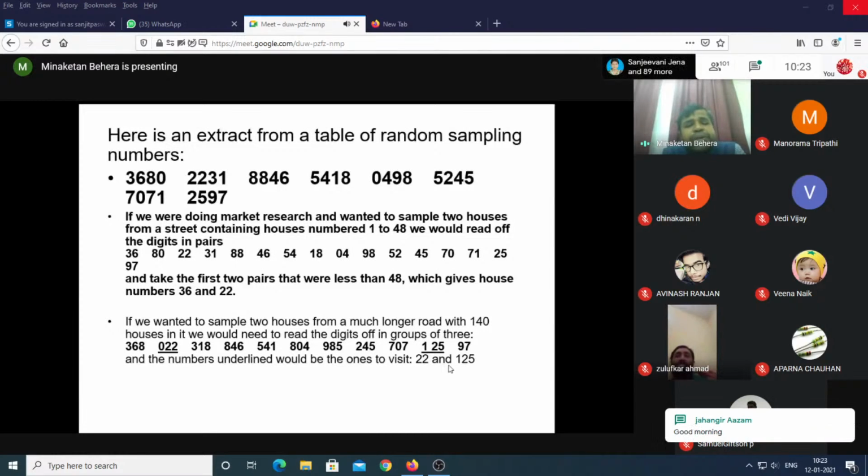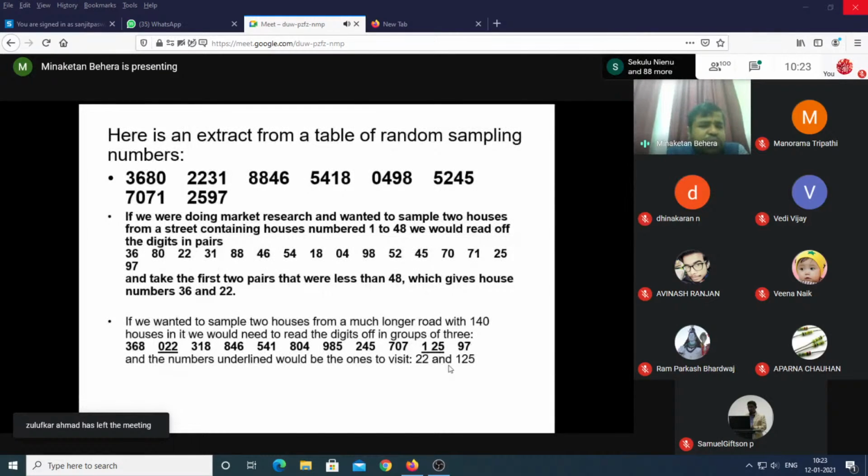So if you go for this, just look at it. You make 2-digit numbers, and if you want to select 2 numbers, you have to look row-wise at which number. Suppose you see 36 is less than 48, so you will select this first number.